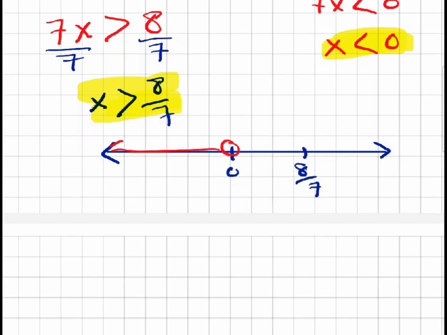Don't forget to put your infinity symbols. So the solution is going to be negative infinity to 0, union 8 over 7 to infinity.